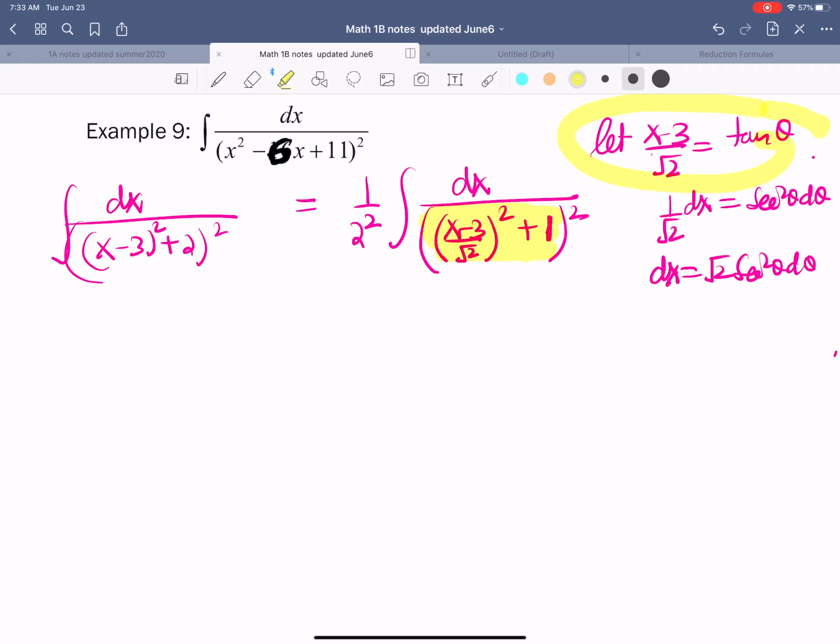That was okay as well. All right, so now we have dx is equal to, I'm going to pull the root 2 out. We already have a 4 out. And the numerator becomes secant squared theta d theta.